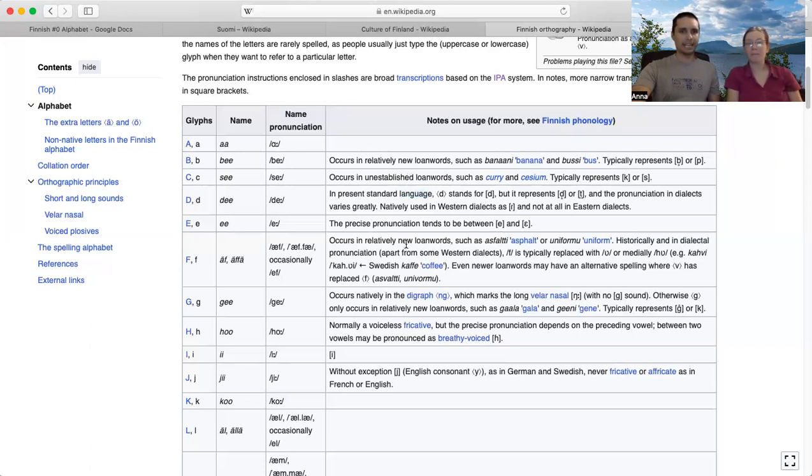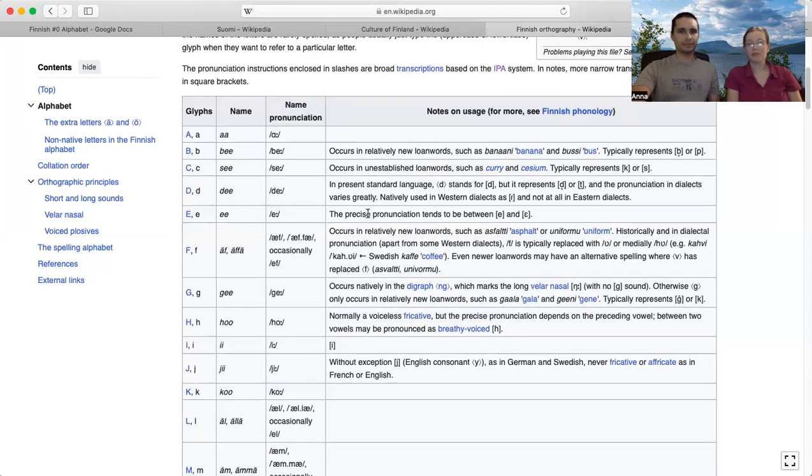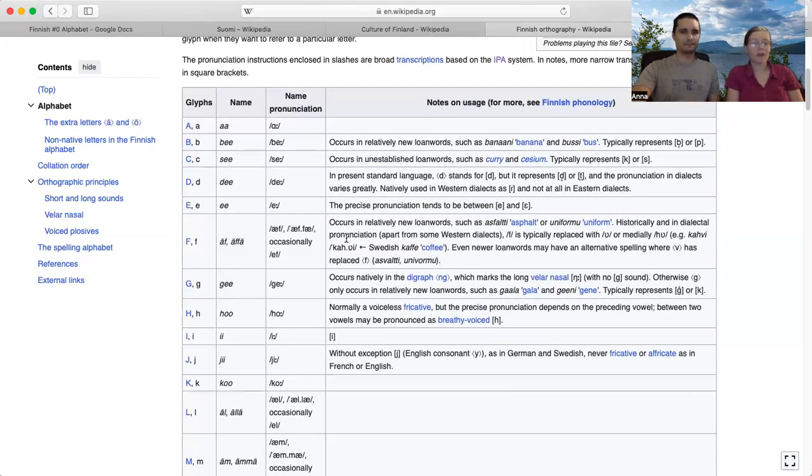D is de. Also nothing special about it. E is e. Just remember that it's not the English E. F is äf. It's not that often used, like asfaltti or uniformo.